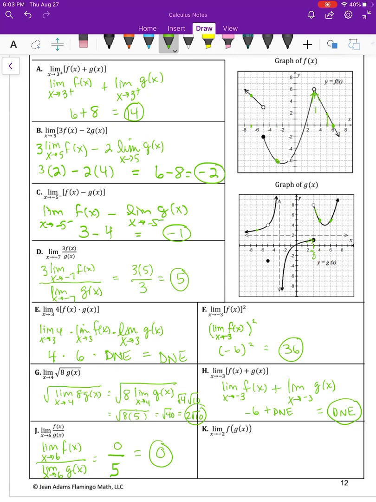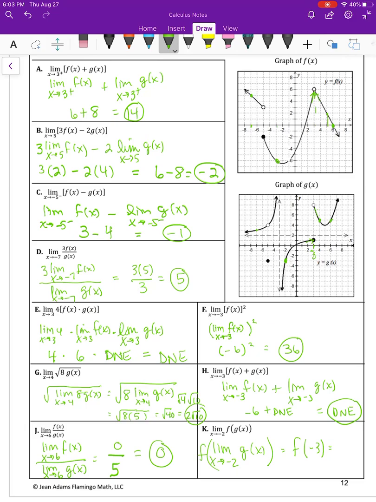Okay, and now this one, the limit as x goes to -2. We're going to make this f of the limit as x approaches -2 of g of x. So g of x at -2, it looks like you get -3. So this is just going to be f of -3.